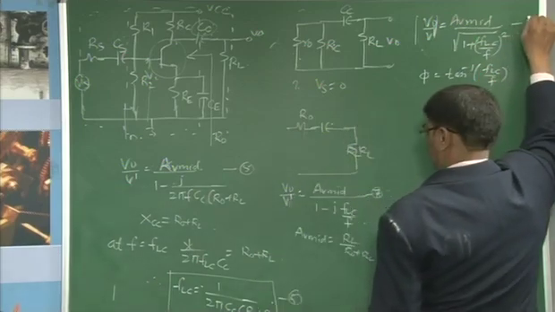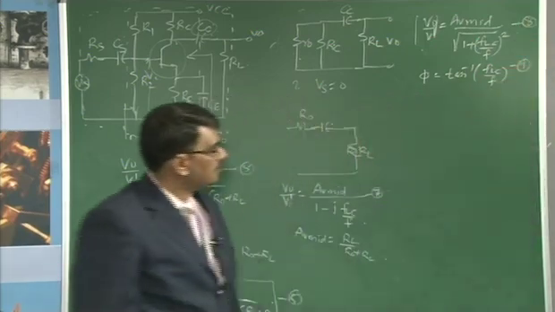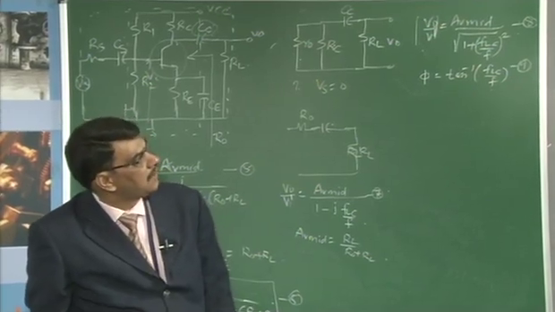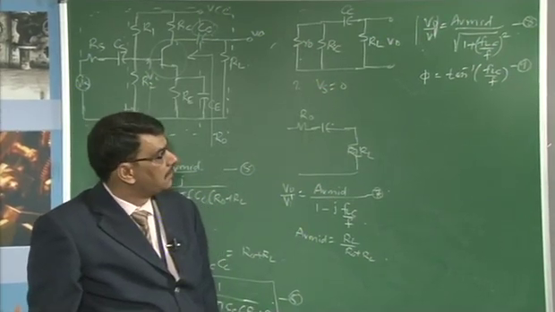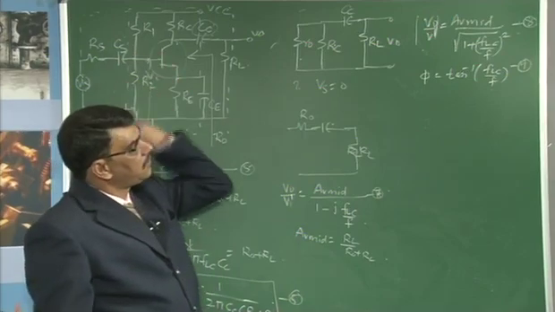This is the equation. Now, what is the frequency response of this V naught by V dash? This response is identical to that due to the CC.